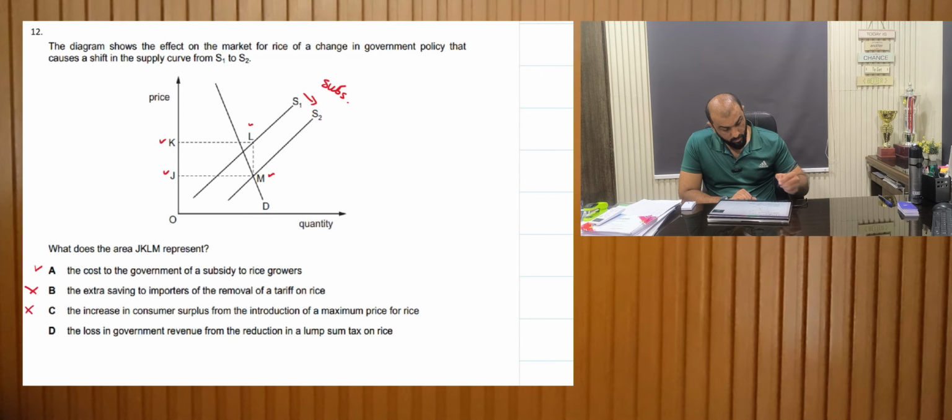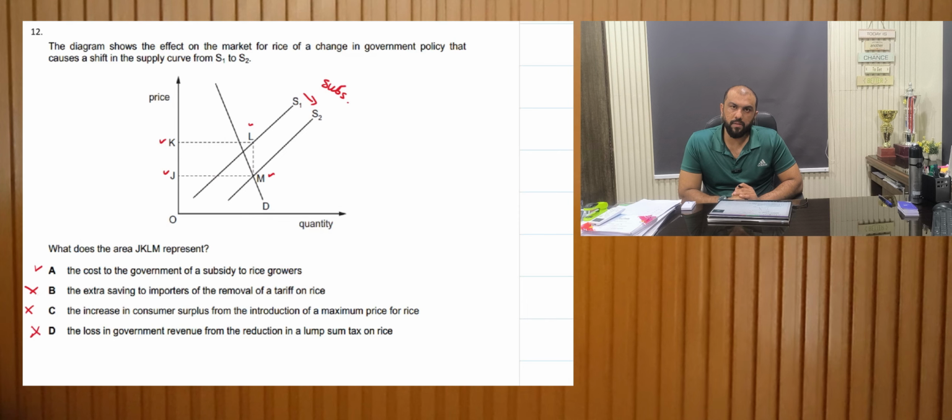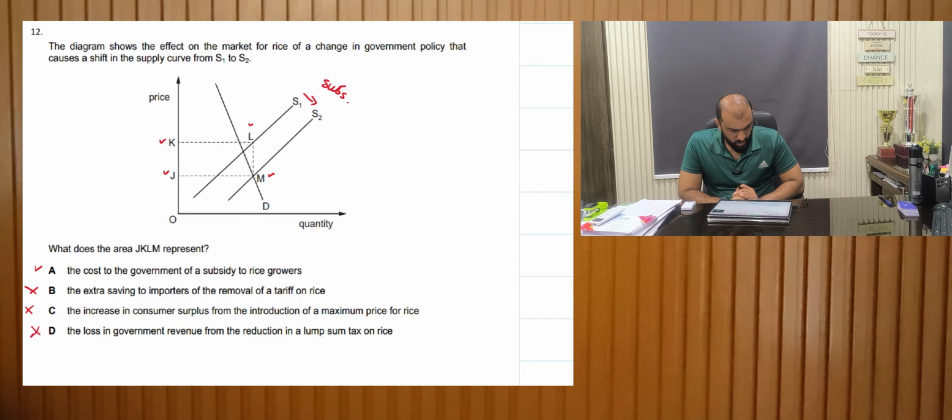The loss in the government revenue from the reduction in a lump sum tax on rice. This is not the answer as well, because lump sum tax is treated a bit differently. Lump sum tax means that the amount of total tax is fixed, not the per unit specific tax. So this is not the answer as well, right?